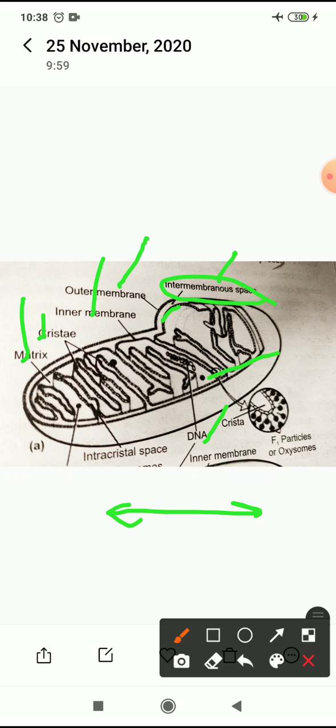These granules are considered to be the sites for binding divalent cations like magnesium and calcium.